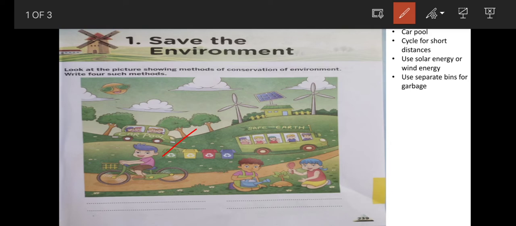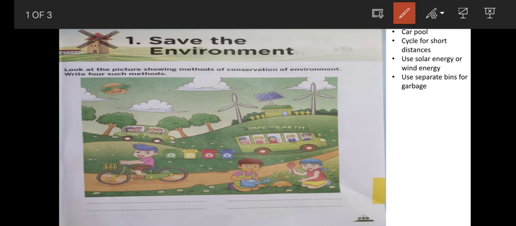And if the waste materials are wet, we have to dispose it in separate dustbin, or we should dispose the dry waste materials in different dustbin. So these are some of the methods through which we can use separate bins for garbage.